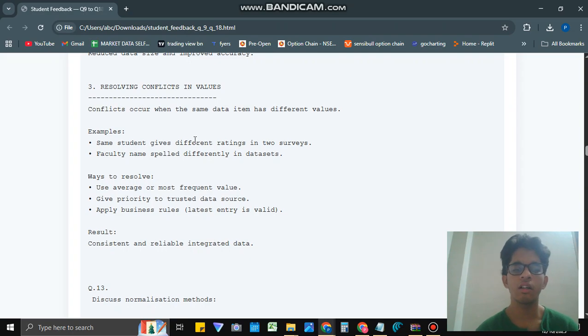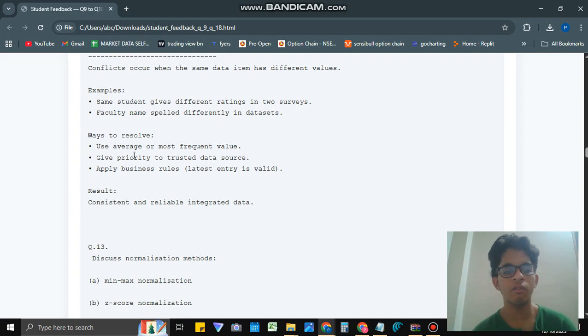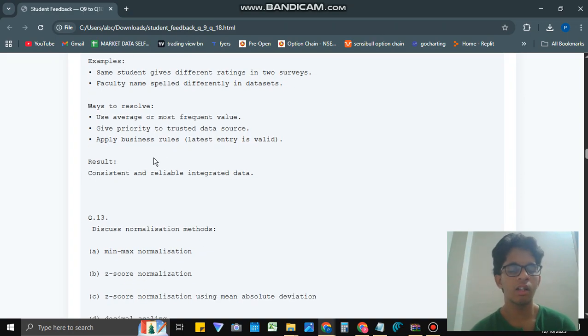Then the next topic we have to talk about is resolving conflict in values. It occurs when the data item has different values. For example, same student gives different ratings in two surveys. The ways to resolve it are basically using average or the most recent or the most frequent value, give priority to trusted data sources, apply business rules.